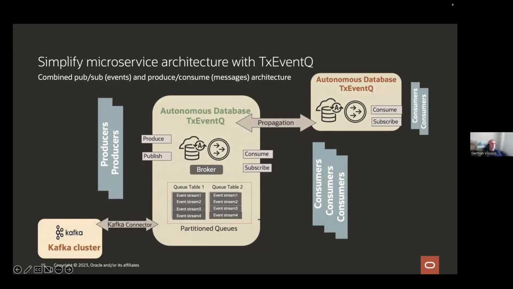So transactional event queues are basically providing a Kafka-compatible architecture with topics, partitions, etc. Raise your hands if you are familiar with Kafka, how Kafka works, please. Let's see if we have something.